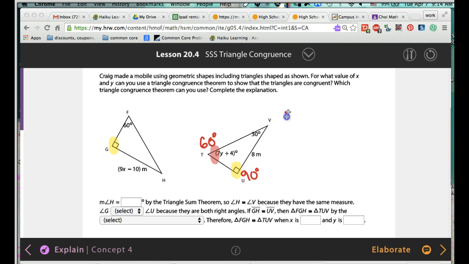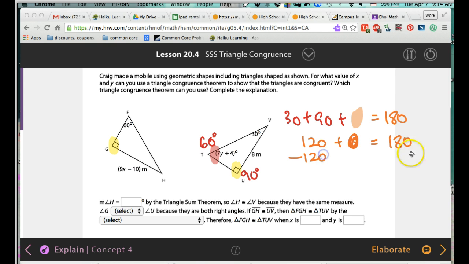So it's going to be 30 plus 90 plus this angle right here, and that angle right there is supposed to equal what? 180, right? So when you add these together, it's 120 plus that angle, and so that's 180. So subtract 120 from both sides. And so now you know that that angle is 60 degrees.